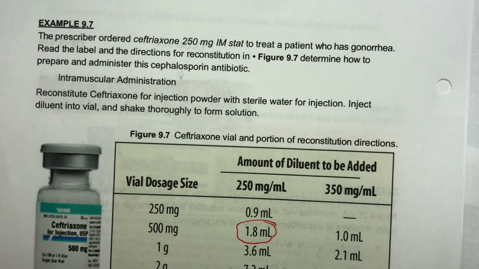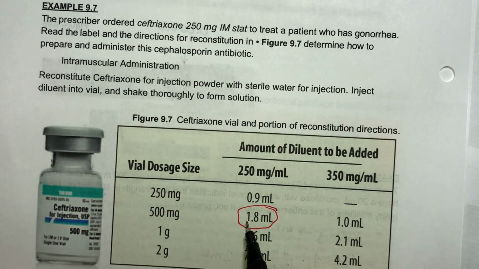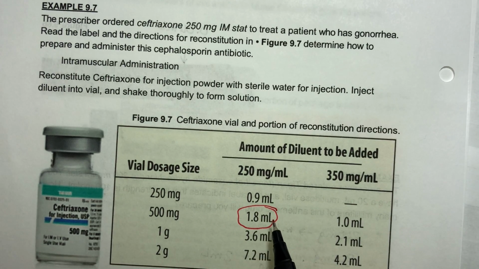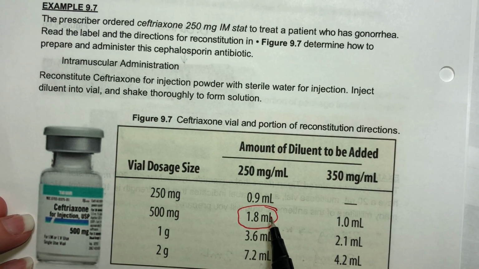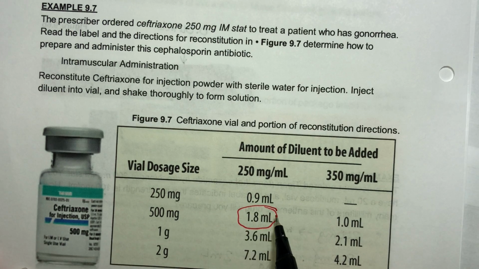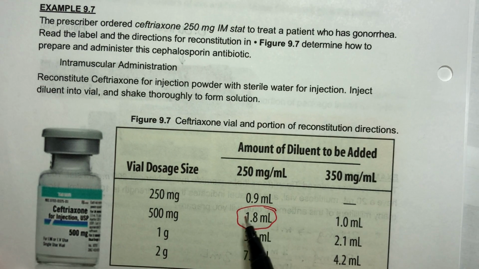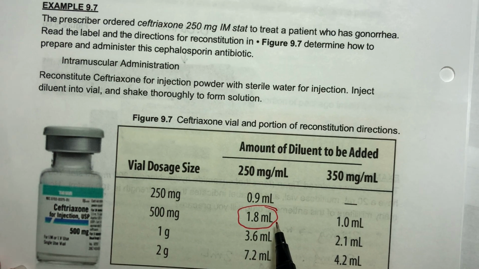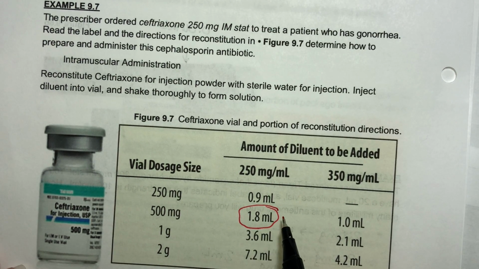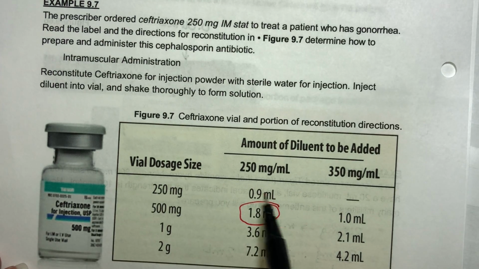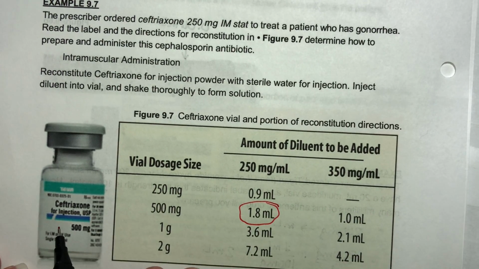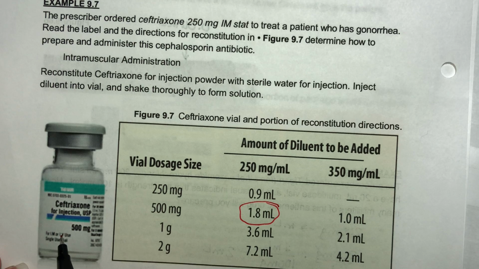Since we're going to be adding 1.8 milliliters of water into this bottle, the first thing we have to do is inject 1.8 milliliters of air into the sterile water, and then withdraw the same amount. Then we are going to inject that sterile water into this vial, and shake it thoroughly.